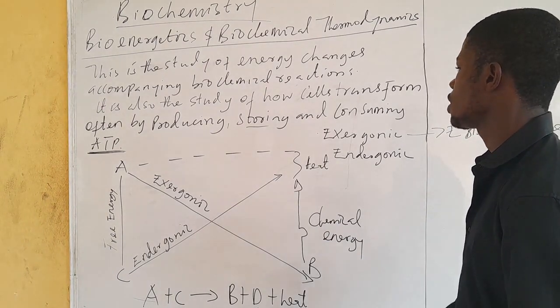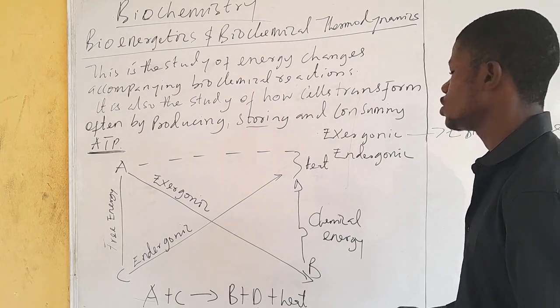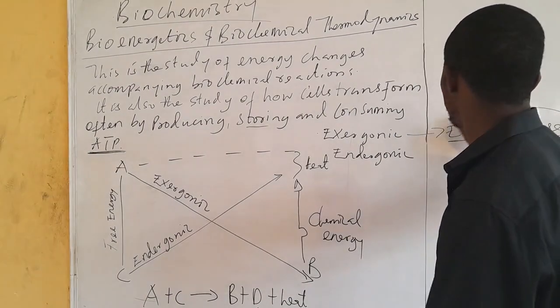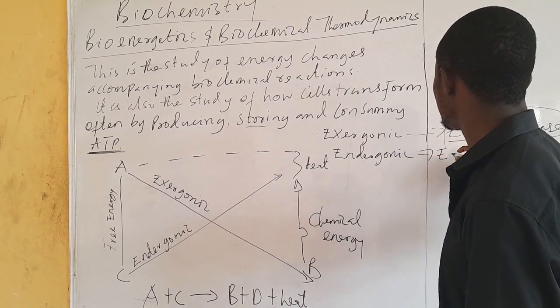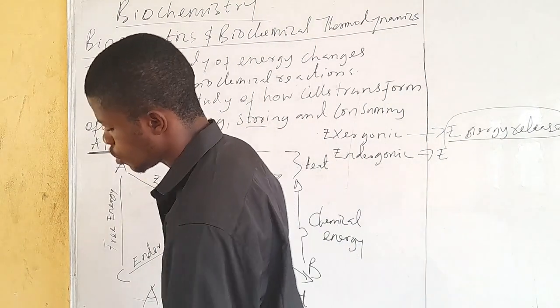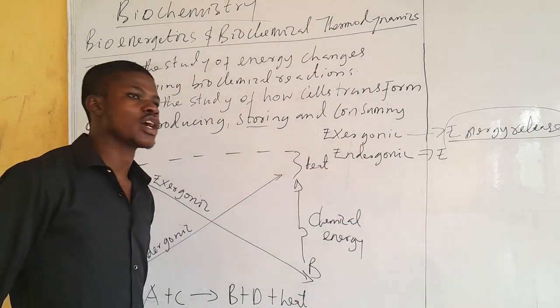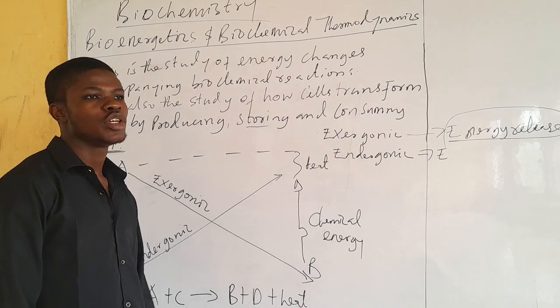If the reaction is exergonic, it means that it releases what? Energy. Endergonic is energy consuming. It means that in endergonic reactions, there are inputs of energy.